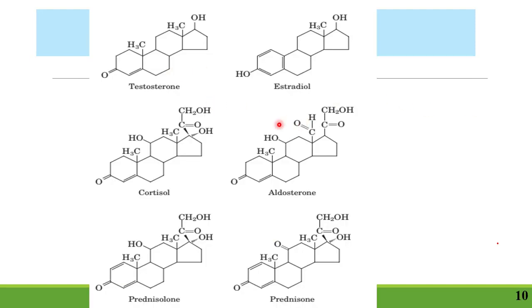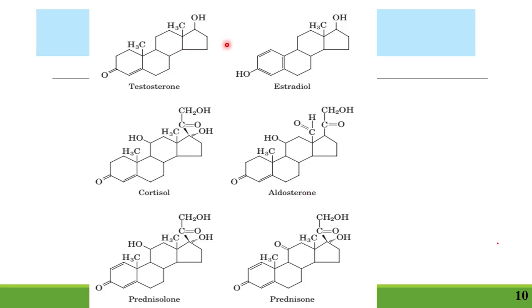Here you can see different types of steroid hormones like testosterone, estradiol, cortisol, aldosterone, and other types of hormones. All of them have this ring system, which is composed of 4 rings, 3 of phenanthrene here, and the cyclopentane.